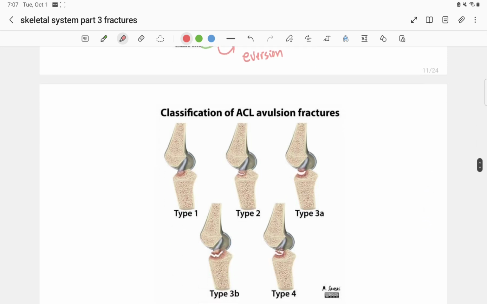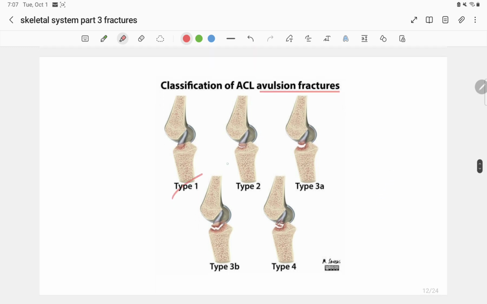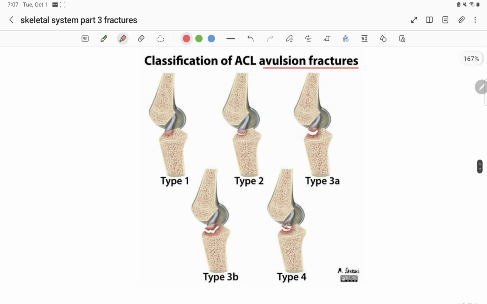Okay, this one actually focuses on avulsion fractures. Okay, you do not have to know all these different types. I just want you to see what an avulsion fracture is.